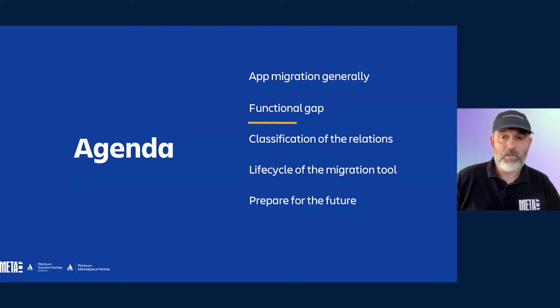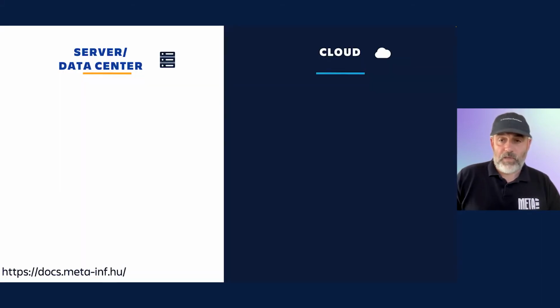Let's see the functional gap between the data center server version of your app and the cloud version. As an example of the functional gap, in our case, the Email This Issue app has features with different levels of similarity on the two platforms, server data center and cloud.